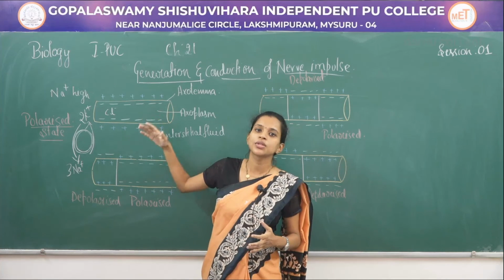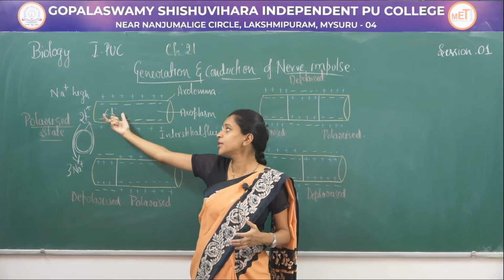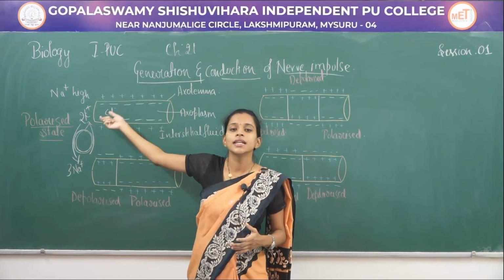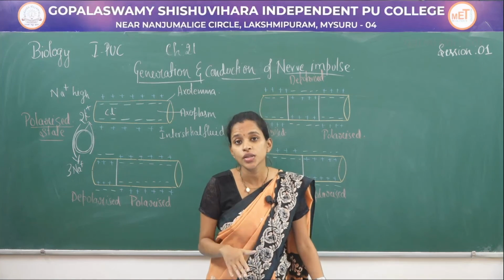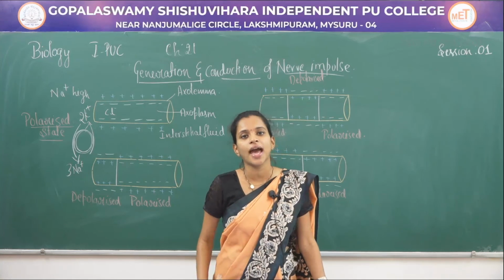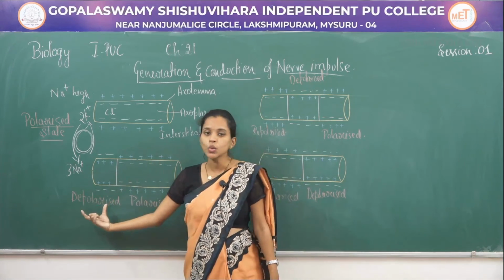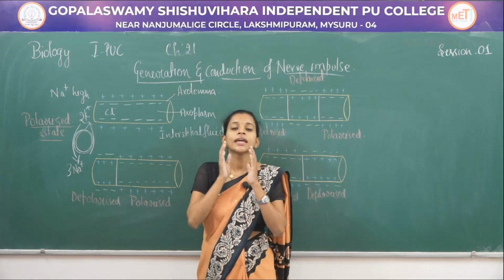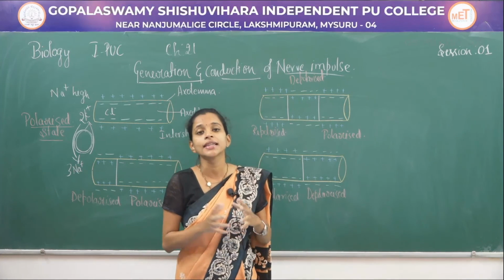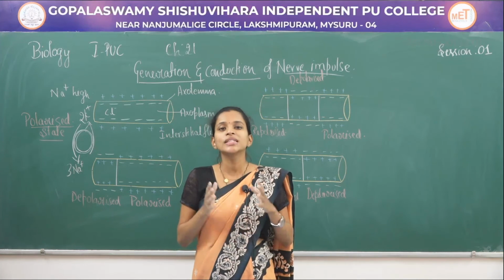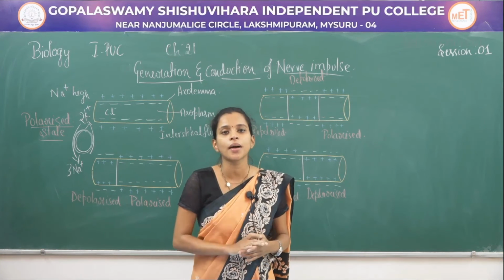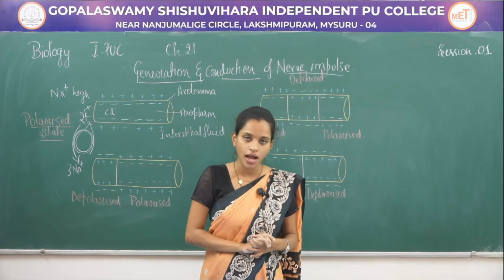Next, the part of this polarized state, due to accepting the stimuli from the dendrites into the cell body, and then when it reaches the axon, gets converted into depolarized state. In this depolarized state, they activate the sodium potassium pump, which leads to exchange of 3 sodium ions with 2 potassium ions.